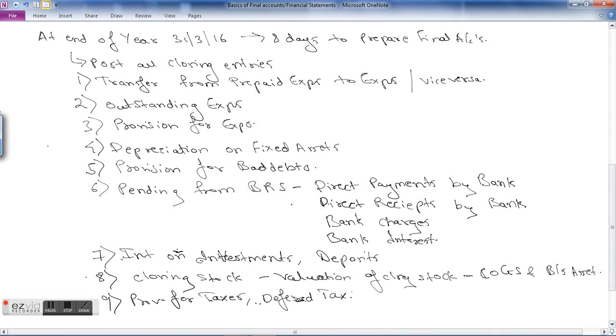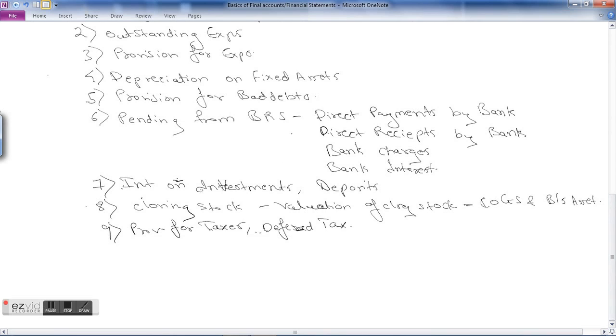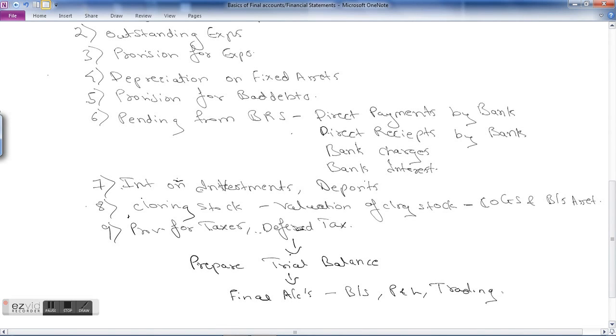Once you post all these entries, you need to prepare a trial balance as on a particular date, and using this trial balance you can prepare final accounts, that is your balance sheet, P&L, trading account, etc. So this is how you practically prepare your final accounts.